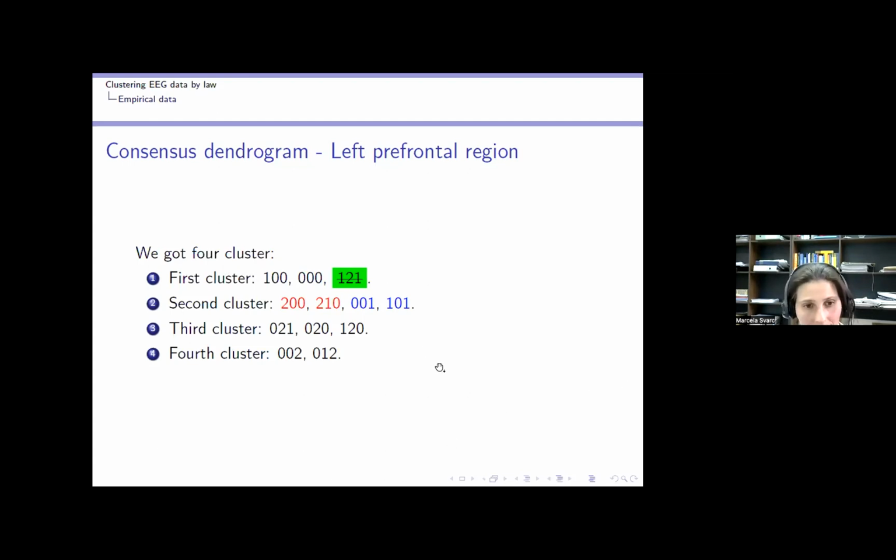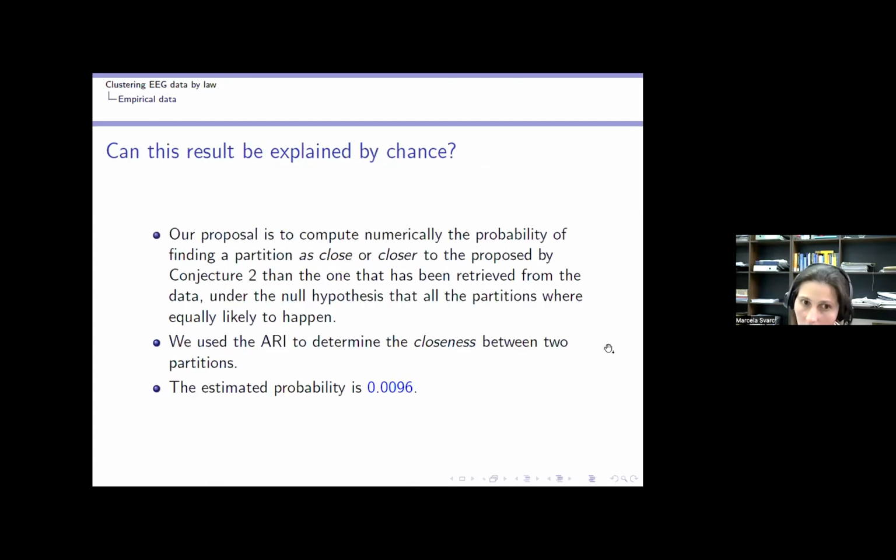So clearly, the question now is whether this clustering structure is close enough to what we were expecting. For that aim, what we propose is to compute numerically the probability of finding a partition as close or closer to the one proposed by conjecture 2, under the null hypothesis that all the partitions are equally likely to happen.